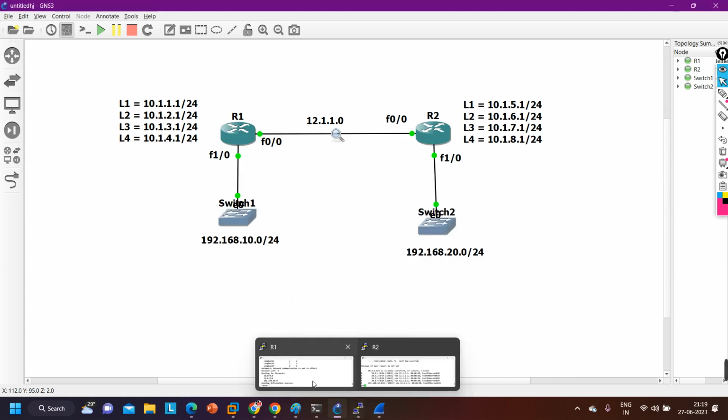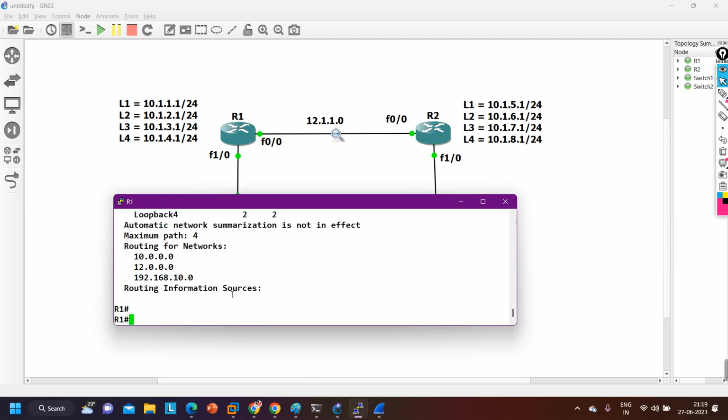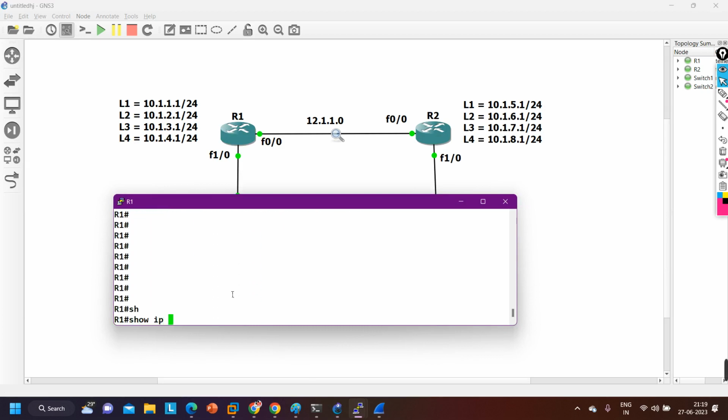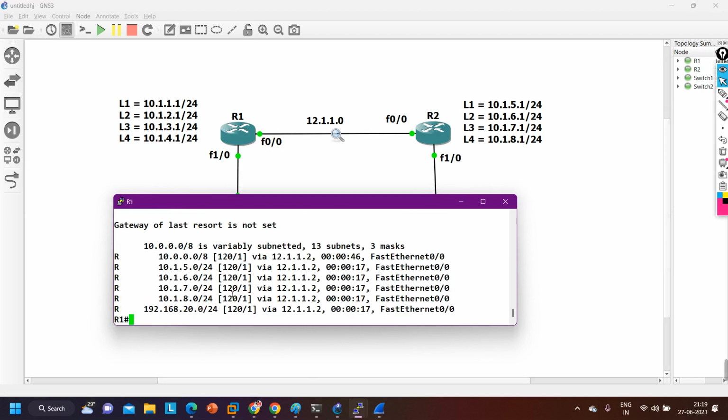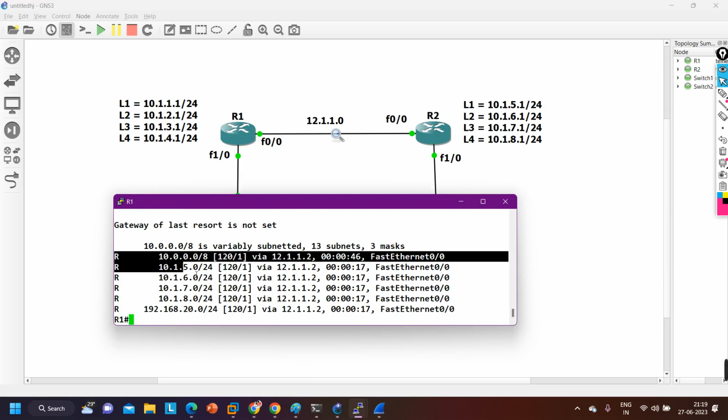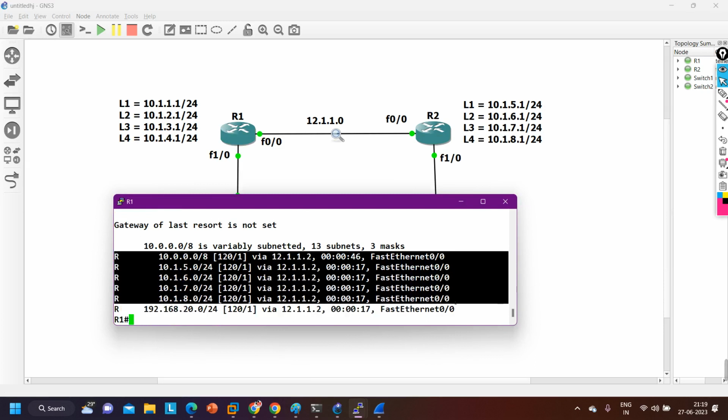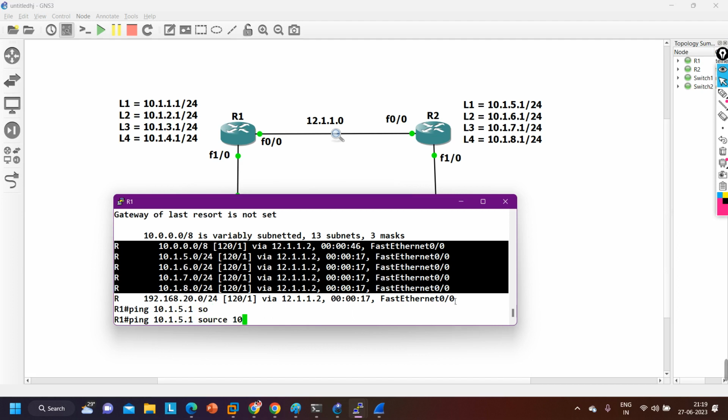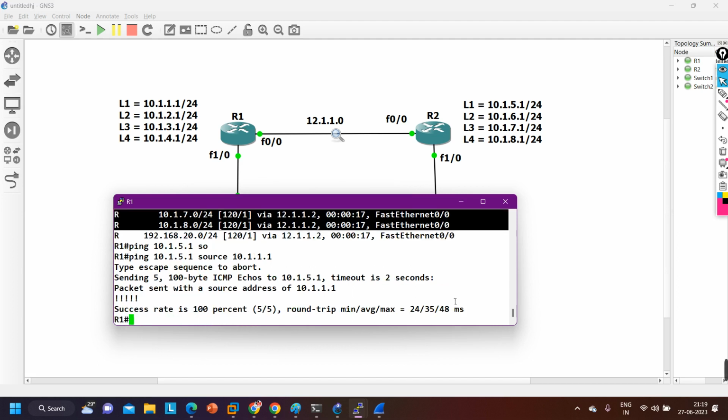In the same way, now router 1 is also receiving all individual prefixes. Show ip route rip, you can see. Yes. So now we can ping 10.1.5.1, and source is 10.1.1.1. Now it will work. You can see.